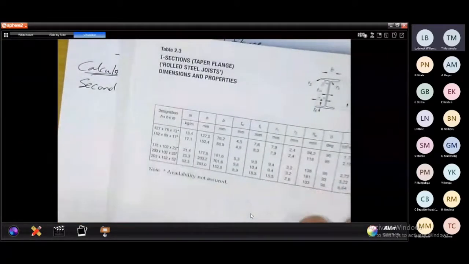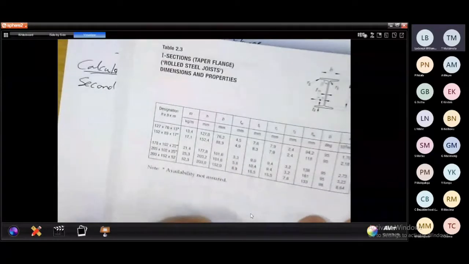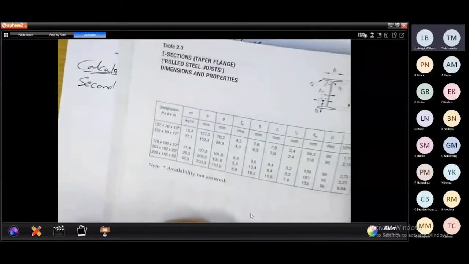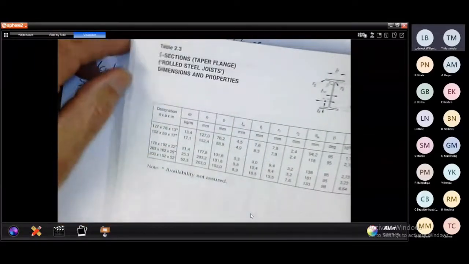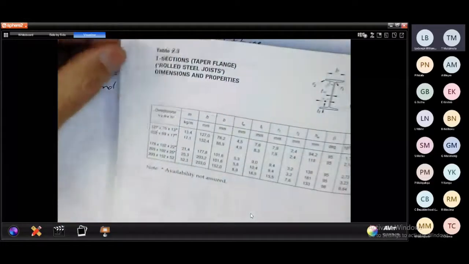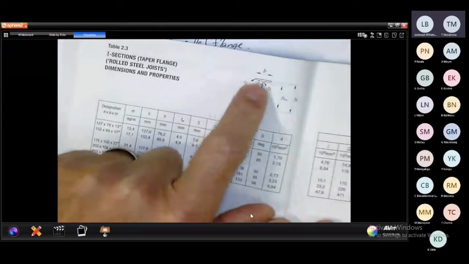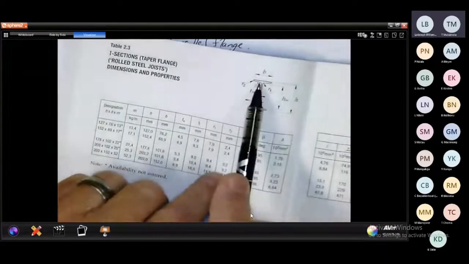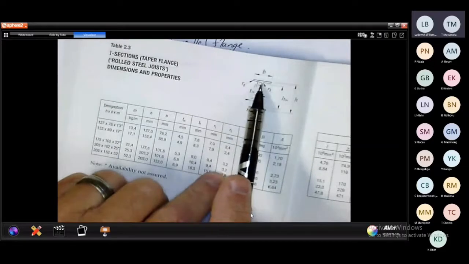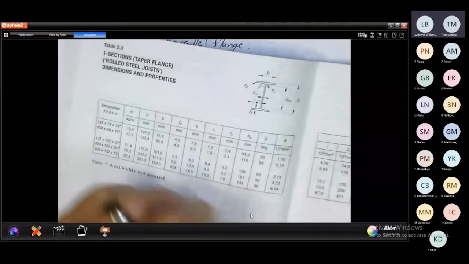If you turn to the next page, you will see a page which may be blank in some of your books. I asked the ladies in front to hand out a piece of paper to put in there, because some of the books have a blank page here. But that is your I section, and it's taper flange. The only difference is parallel flange, that part there is now taper for this one. That one is parallel, it is straight there.